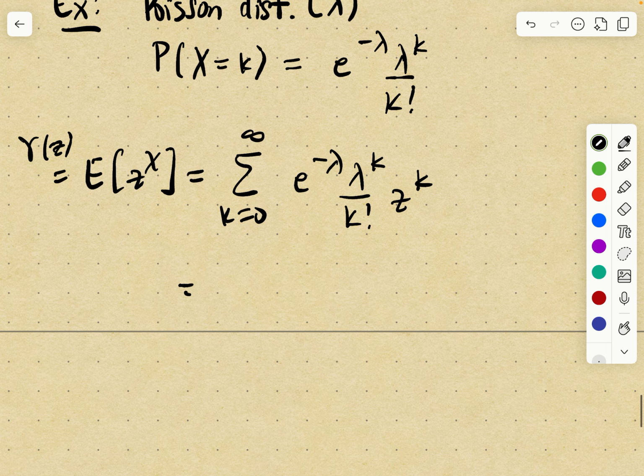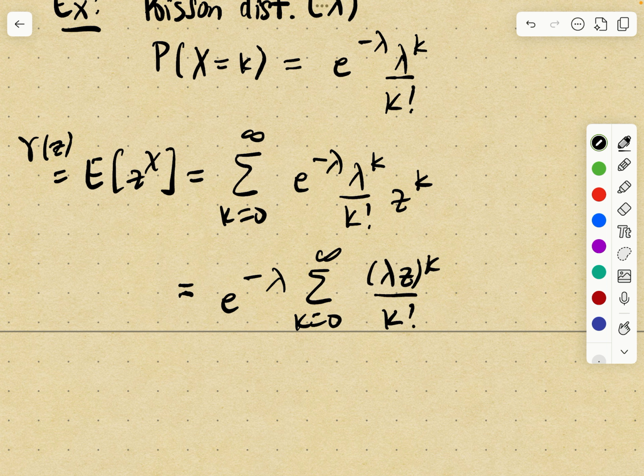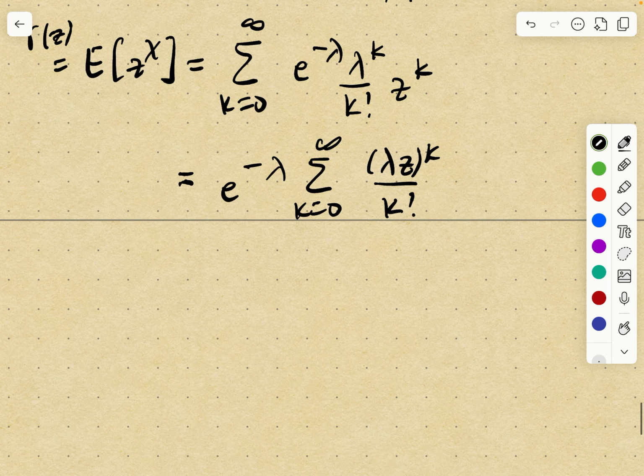And so we can pull out the e to the minus lambda, so e to the minus lambda, summation from k equals 0 to infinity of lambda z to the k power over k factorial. And then you have an exponential series, right? This is e to the minus lambda times e to the lambda z.